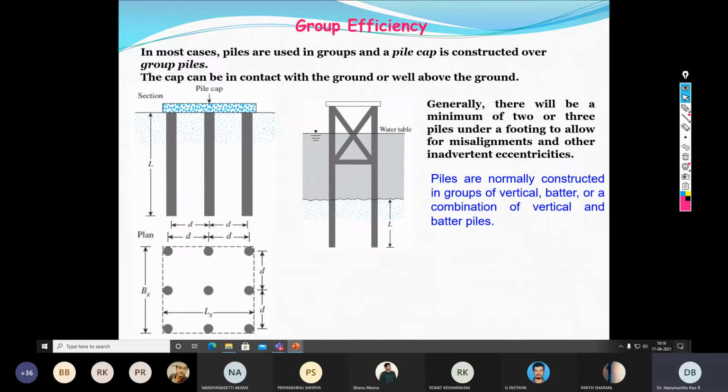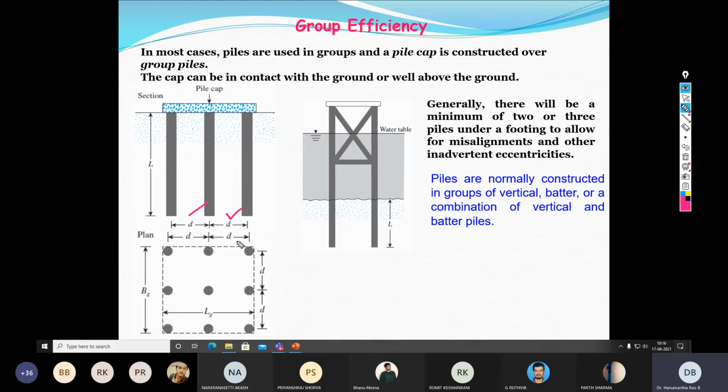Now, based on all the previous classes, we knew the geometry of the pile, that is pile diameter and pile length. When you talk about the pile group, some additional geometrical parameters come into the picture. Among them, one of the most important parameters is the spacing between piles, that is represented with D. So D is most crucial.